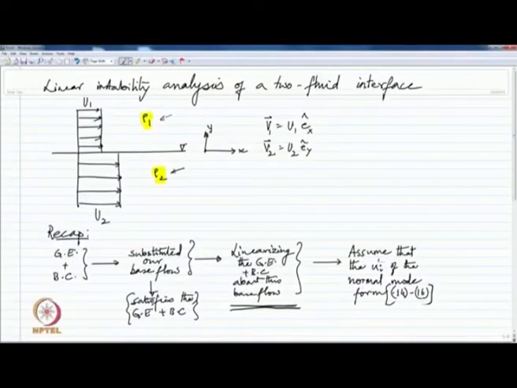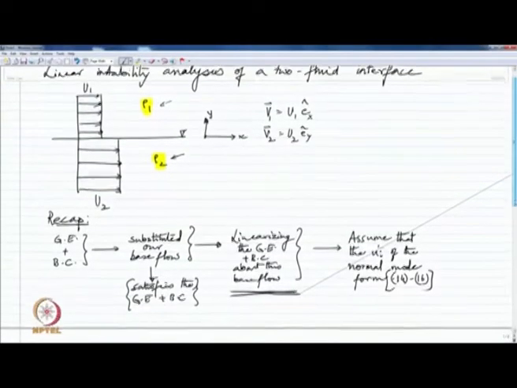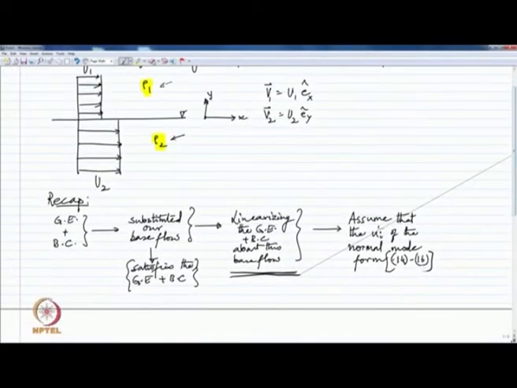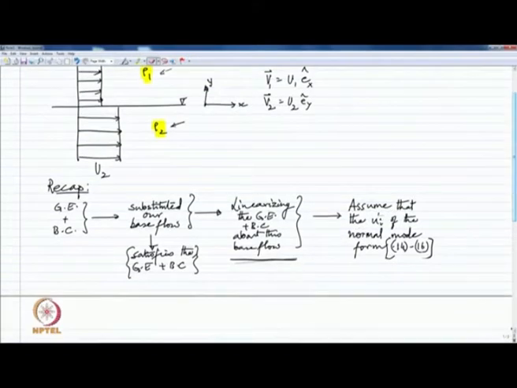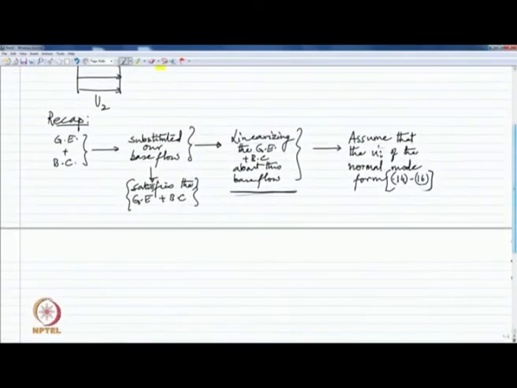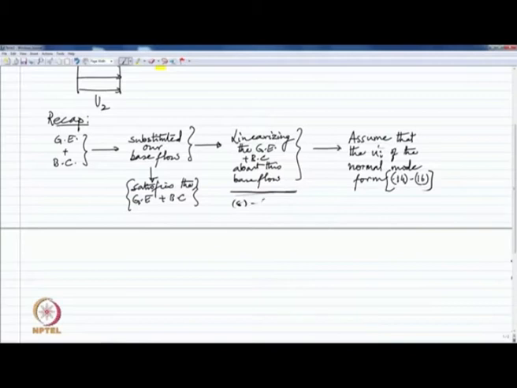The next step that we followed was to assume a particular form for the perturbed quantity called the normal mode form. We wrote these in equations 14 to 16. And we are now at a point where we have our linearized governing equations in equations 8 to 10 and the normal mode form in equations 14 to 16.